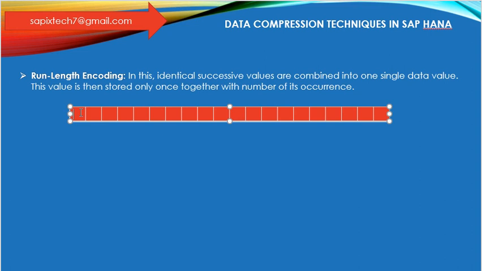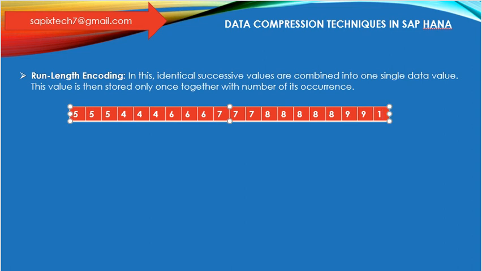So for example, our uncompressed data is like 5 5 5 5, then 4 4 4, then 6 6 6, then 7 7 7, then 8 8 8 8 8, then 9 9, then for example 1. This is hypothetical data I have taken just for the example.